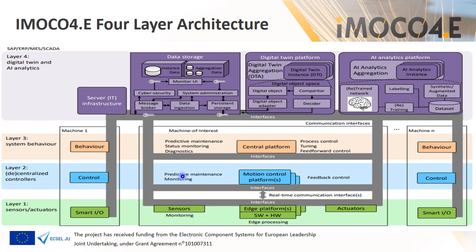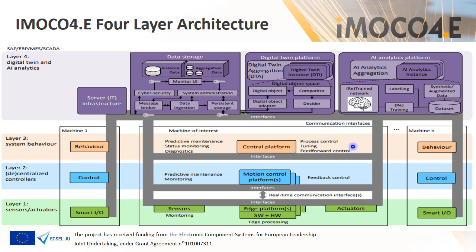a manufacturing production process. Then we move up into layer 3, which is the system behavior layer. And in here, this is where you're going to see increasing forms of intelligence. It is managing the behavior, the outcomes, and the status of a particular industrial process.